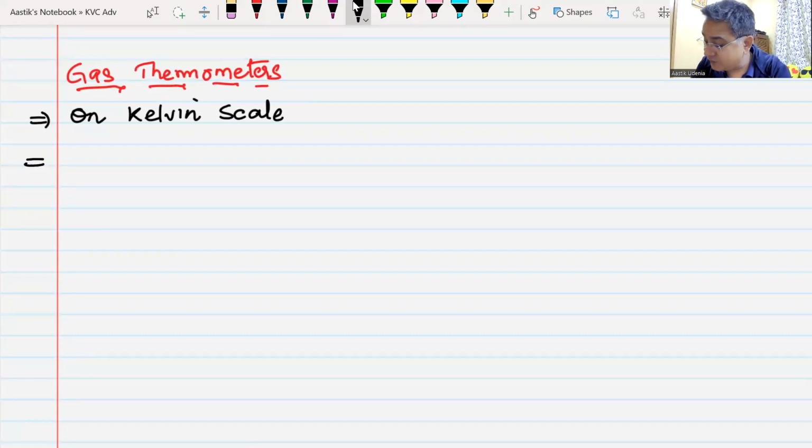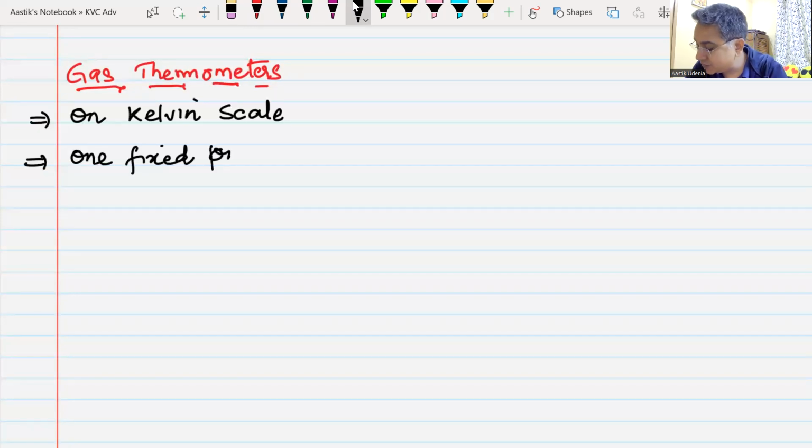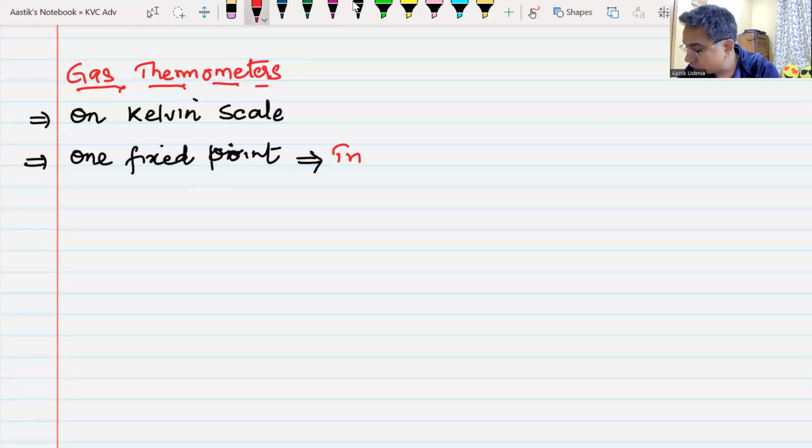And they have only one fixed point. The other point is always 0 Kelvin. And that one fixed point is the triple point of water. Have you heard about this triple point of water? Yes, sir. What is this triple point of water?